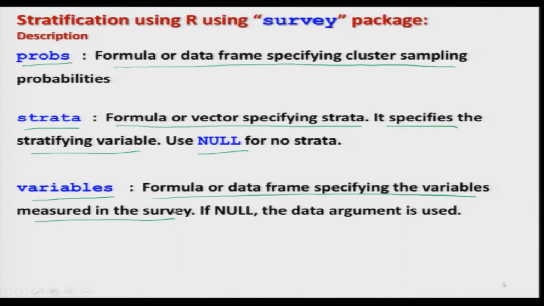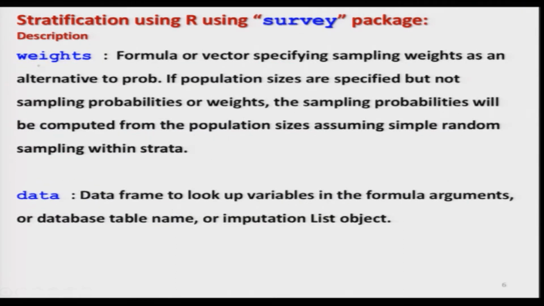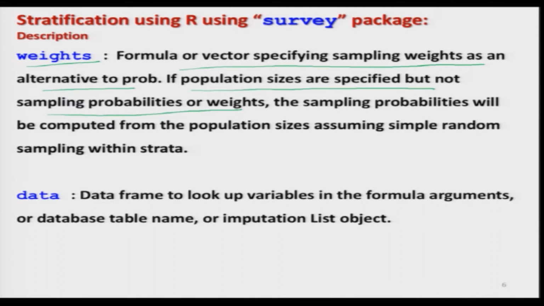Then there is an option here, weights, and this is a formula or vector that specifies the sampling weights as an alternative to the probs, which we have used for computing the probability. And if the population sizes are specified, but sampling probabilities or weights are not specified, then the sampling probabilities will be computed automatically based on the population sizes, using simple random sampling within the strata.